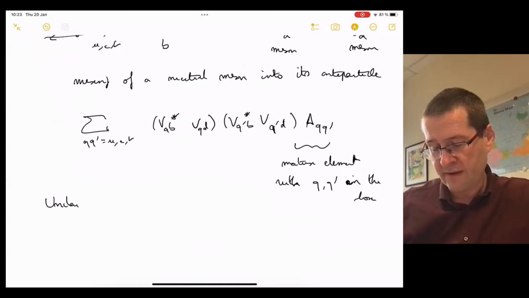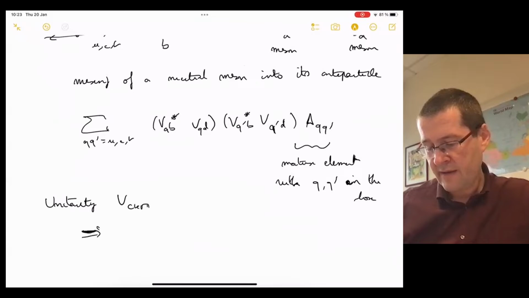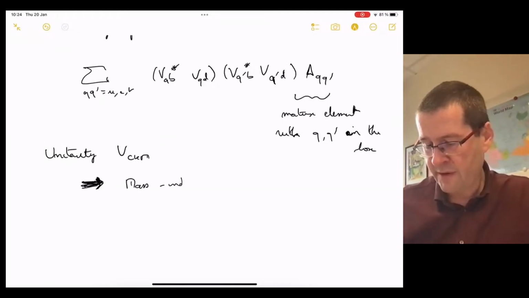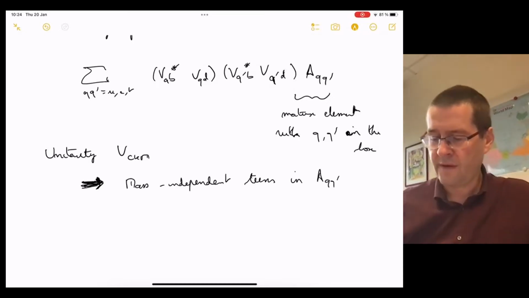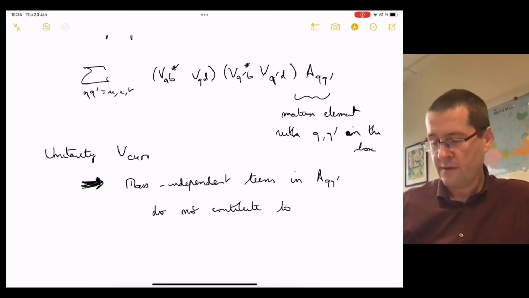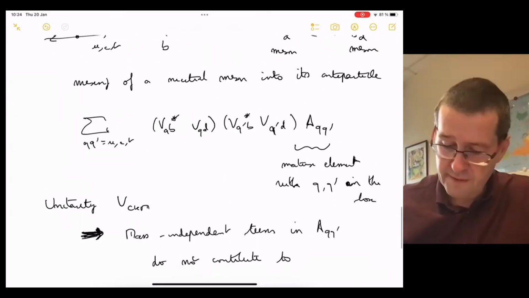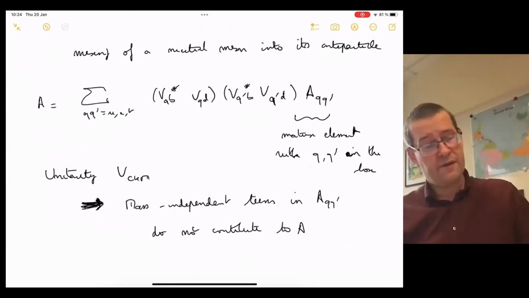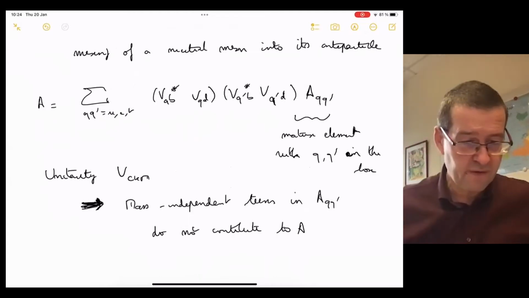Unitarity of this CKM matrix implies that the constant terms, the mass independent terms in this amplitude, which I didn't name for the moment, do not contribute to A, just because you will get the sum over all the possible products of the CKM matrix elements, leading to 0.